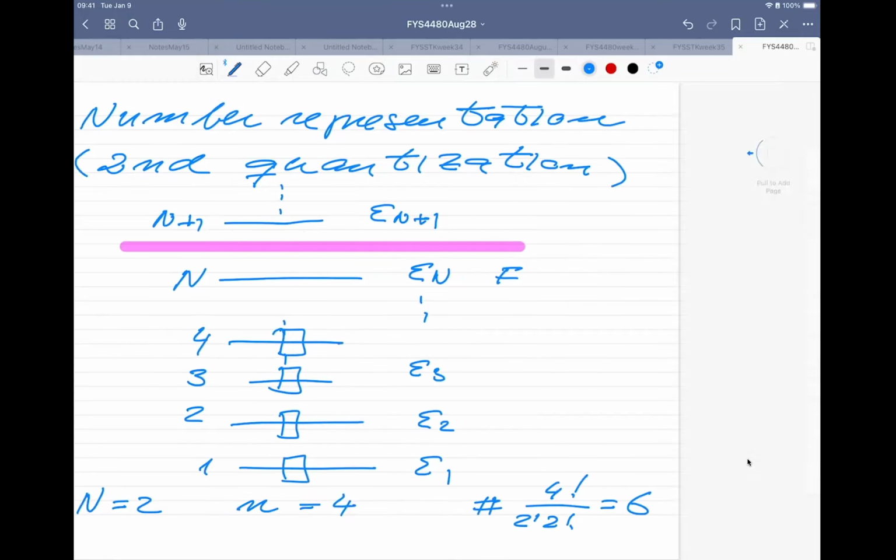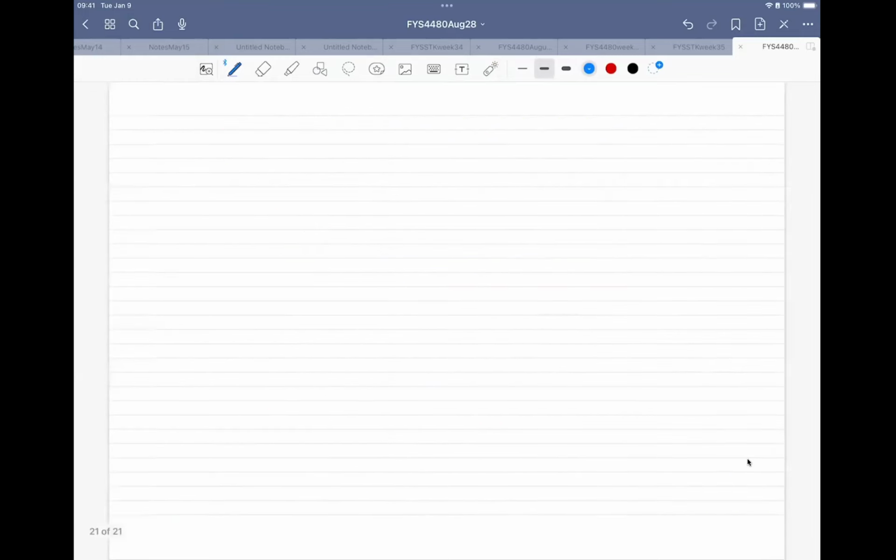Now, one way to organize the state is that we think of these as arrays. We could have an arrangement where this one is filled. This is 1, 2, 3, 4, and the other ones are empty. If we now have a bit representation, you can think of 1 as occupied and 0 as empty.